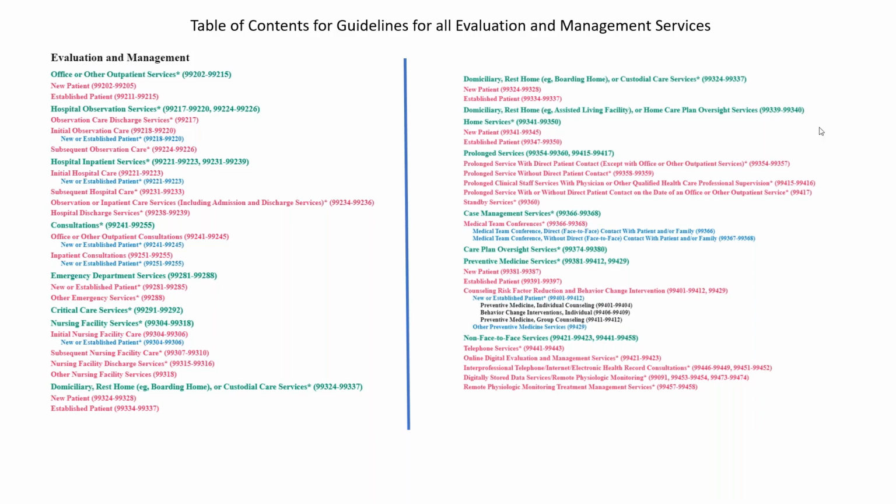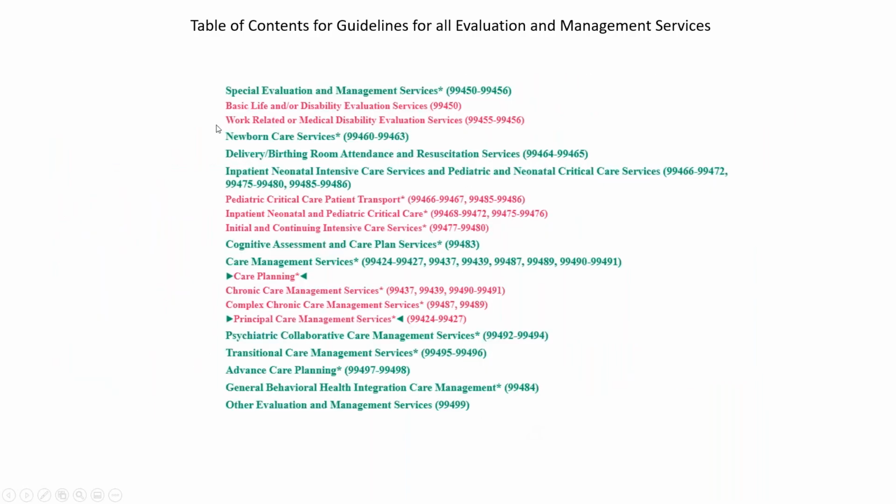And the domiciliary rest home, assisted living facility, or home care plan oversight services, that is different. You've got your home services, prolonged services we're going to talk about today to some degree. We're going to talk about case management, care plan oversight services, preventive medicine, non-face-to-face services. And we're going to round things off with special evaluation and management services.